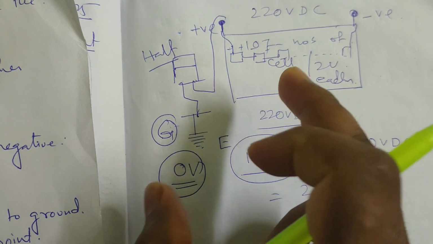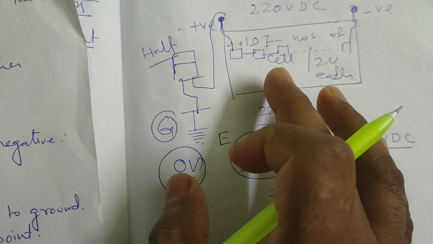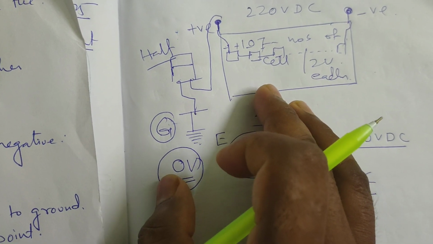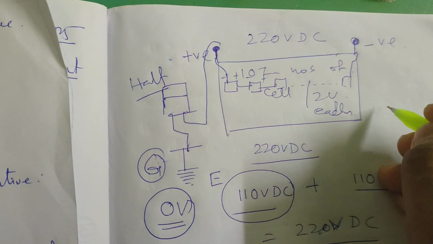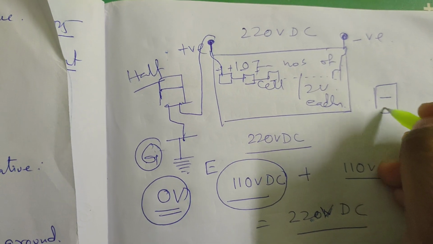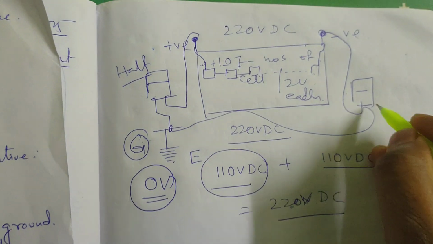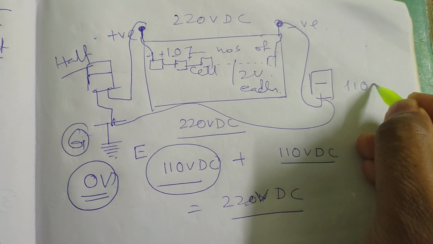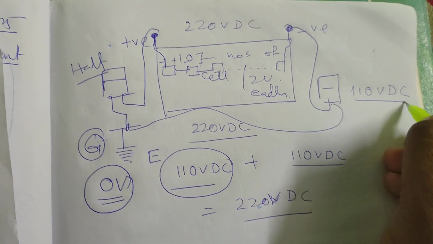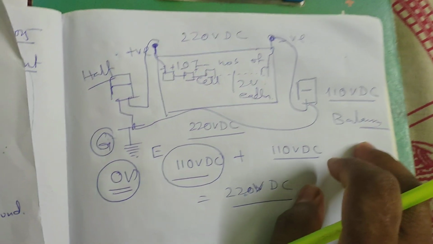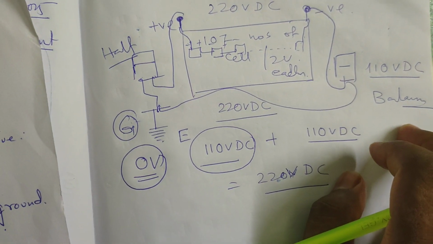If the whole system is in balance condition and no positive earth fault is present, and you measure with a multimeter from negative to earth, you will obviously get 110 volt DC in the balanced system.